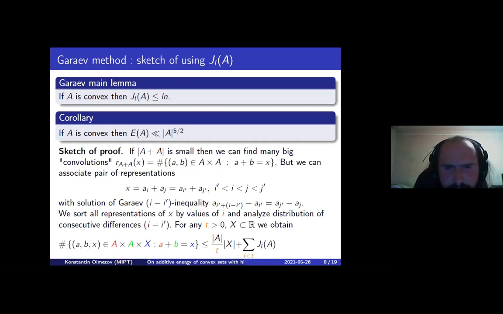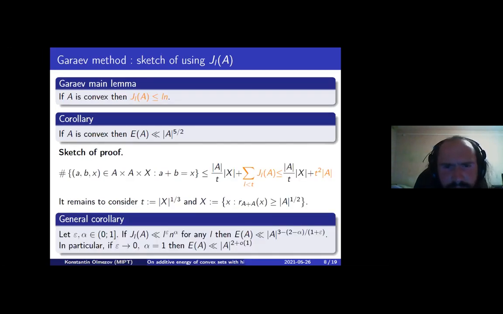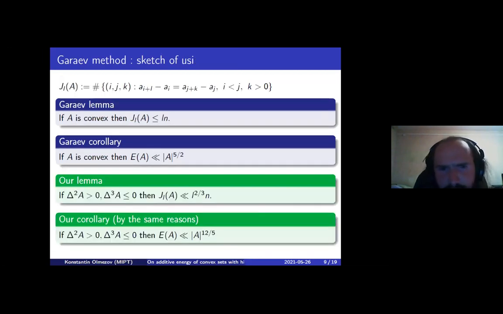I will not speak about technical details. We do not have time for it, unfortunately. Replacing the bound of J L turns into replacing the bound of additive energy. So our main target is a bound for J L, the number of solutions of such an equation.